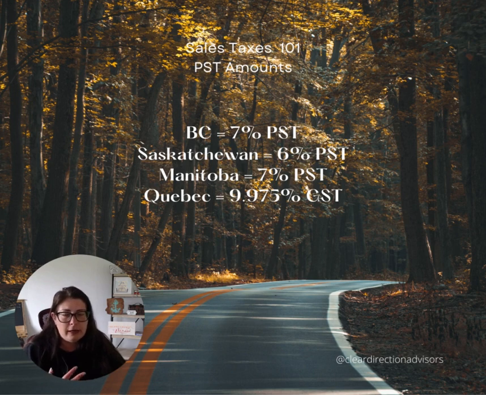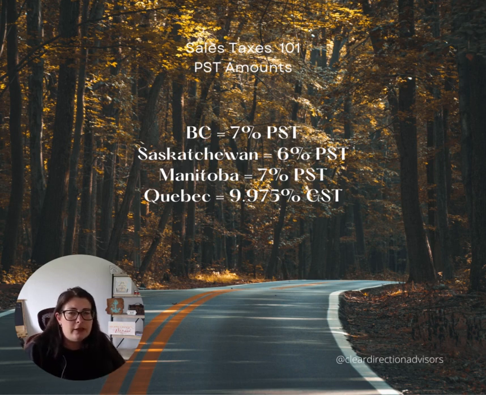Ontario, New Brunswick, Nova Scotia, PEI, and Newfoundland and Labrador all have HST, or what's called harmonized sales tax, which means that the federal government is the one who administers and manages all of the reporting and everything. So for BC, Saskatchewan, Manitoba, and Quebec, if you've hit the thresholds in those provinces for taxable products and services, you will have to register with each of the provinces separately, and you will have to do your reporting separately to each of these provinces.